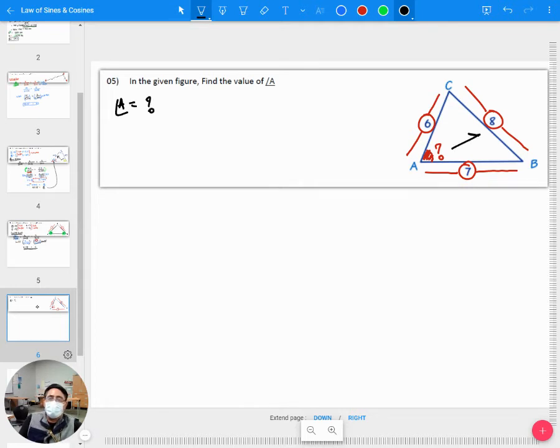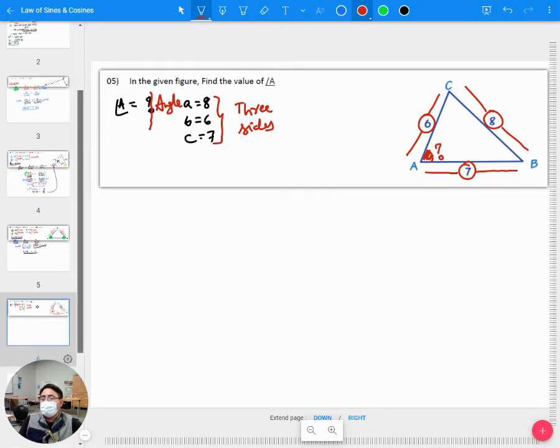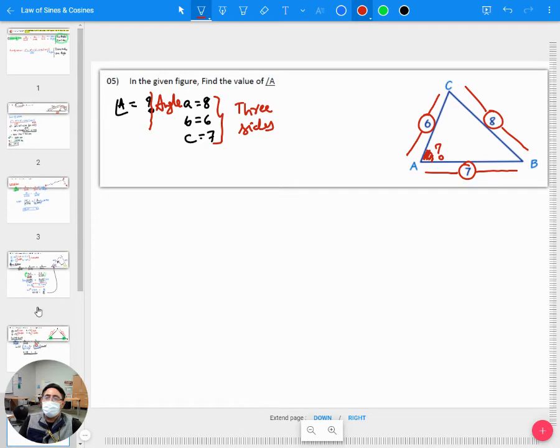Opposite to angle A is 8 units, opposite to angle B is 6 units, opposite to angle C is 7 units. So I see that three sides are involved and one angle. Which rule do I have to take?